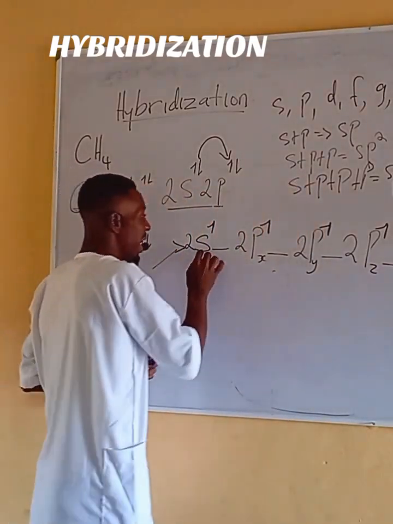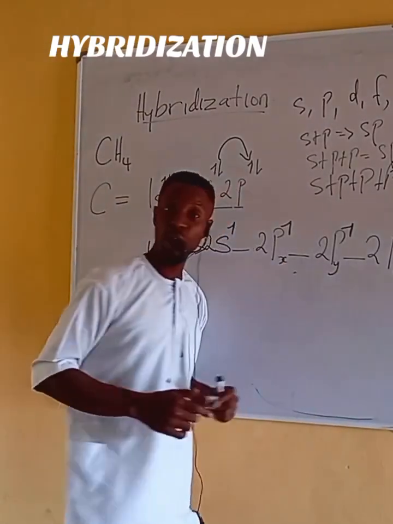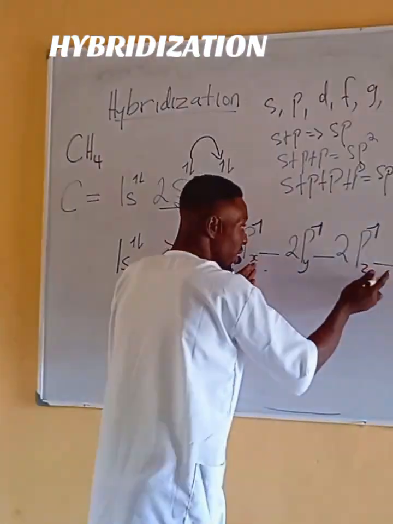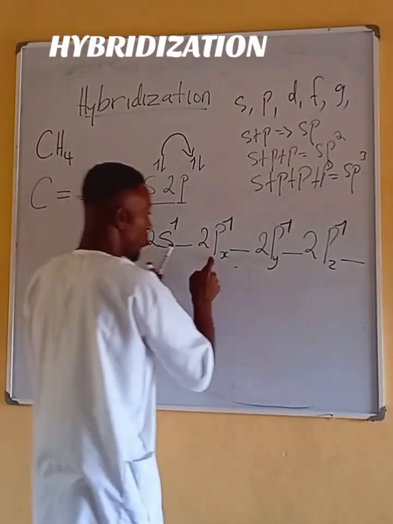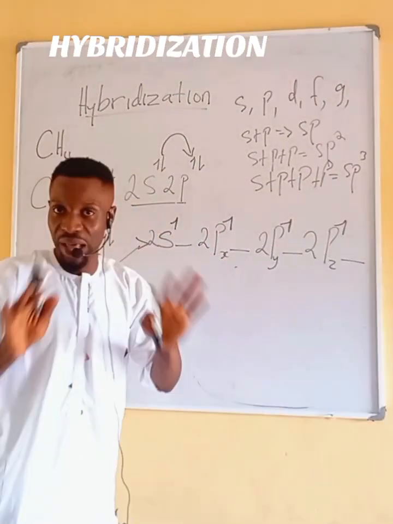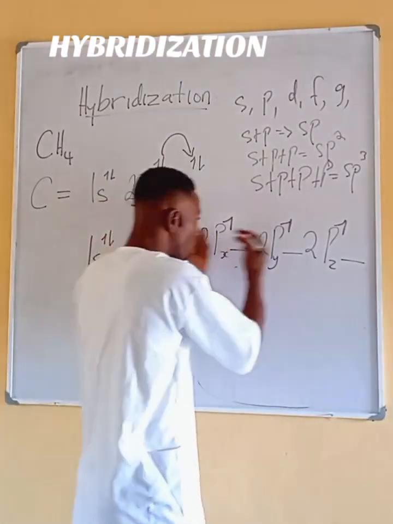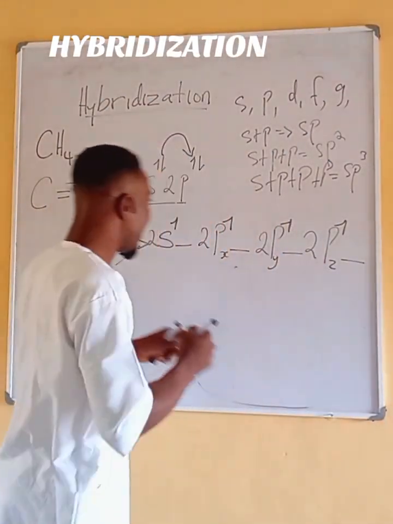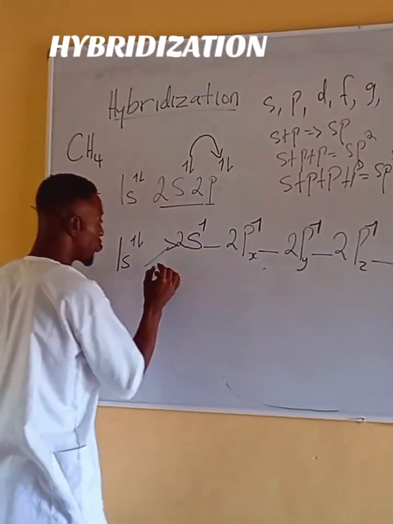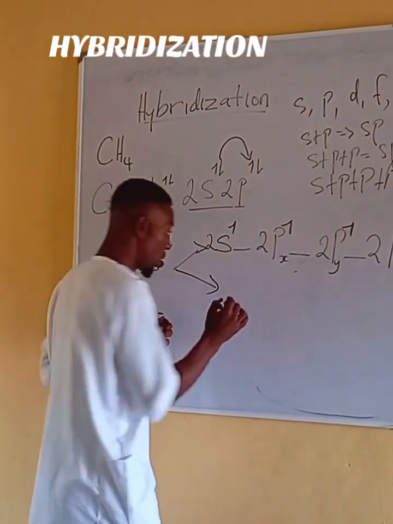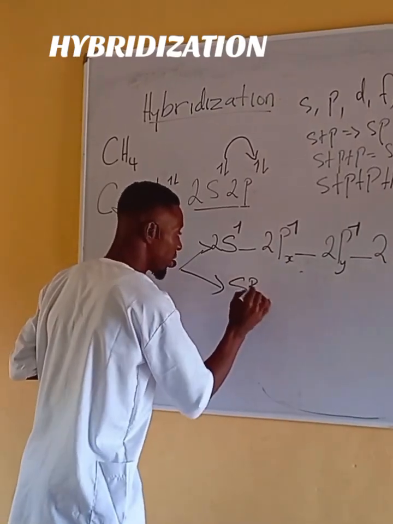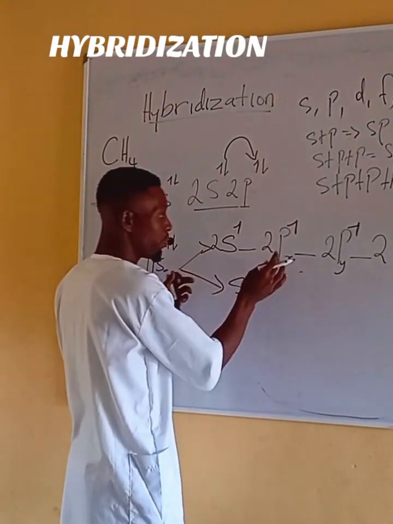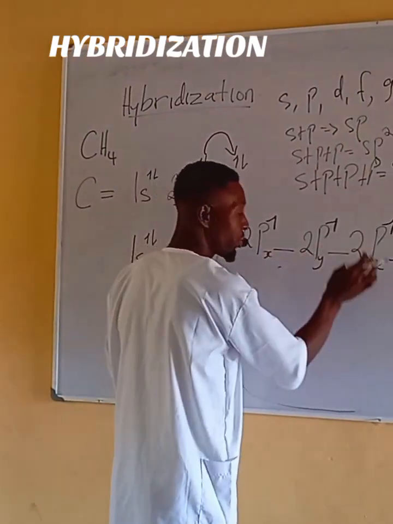Now, hypothetically, the s orbital is mixing with the p orbitals. And since they are mixing, we are not going to call these 2s, 2px, 2py, 2pz. We are going to call these hybrid orbitals, and each of them will be called sp. Now, only 3 p's are here, 1, 2, 3.